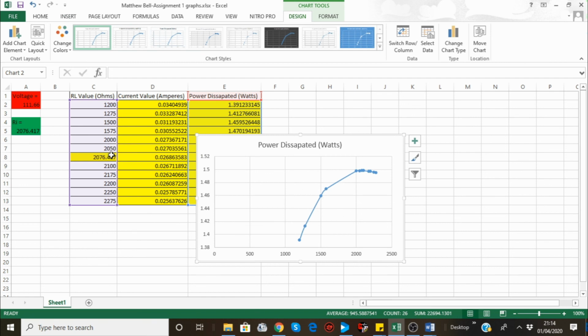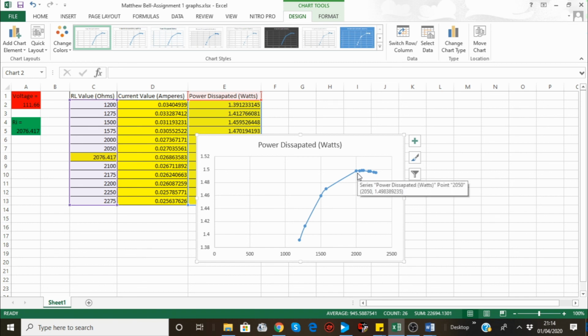It was just a little bit random. If you go by equal increments and decrements, you'll see a nice curve there. So I would suggest that you do that in your assignment. Just make sure the increments that you have are all equal, 25 each or 50, so you don't have a jaggedy curve like that.